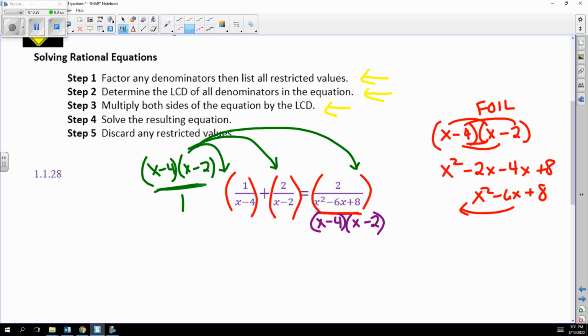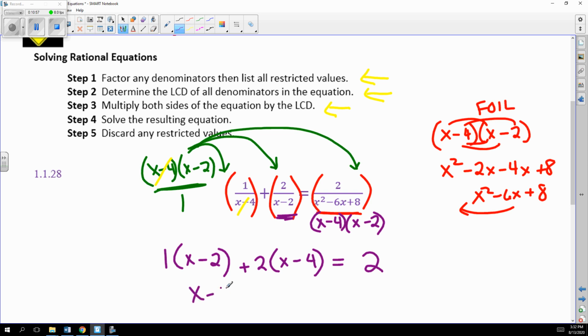So for the first one, this x minus 4 is going to cancel, and I'm left with 1 times x minus 2. But when I multiply it to the next term, 2 over x minus 2, the x minus 2 is now going to cancel. I'm going to be left with 2 times x minus 4. And then when I distribute it to the term on the other side of the equal sign, they will both cancel, and I'm just going to be left with 2. Got it? So try to cancel out those denominators to make an easier equation to solve.